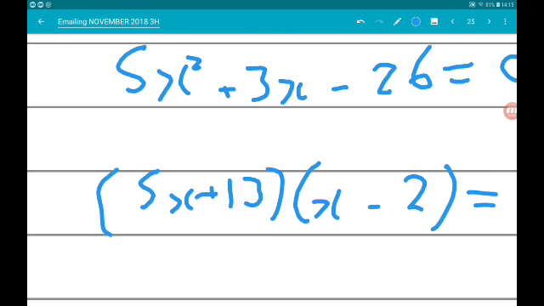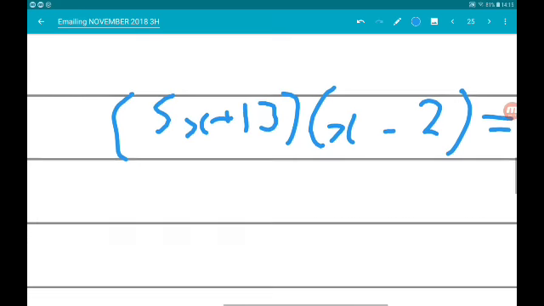So we can of course check that that works. Minus 2 times 5x is minus 10x. 13 times x is 13x. Minus 10x add 13x gives us that plus 3x that we need in the middle. So we know from the right hand bracket x is 2, we don't care about that.